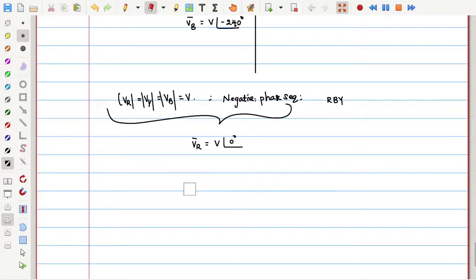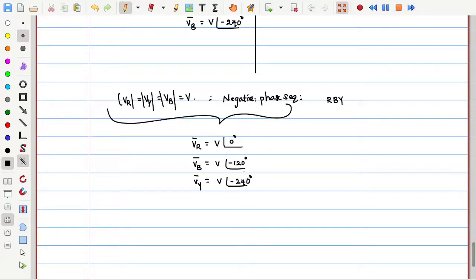So now tell me, if R is taken as reference 0, who comes next? VB, whose magnitude is same but angle is now minus 120. After B, who comes? VY, with minus 240. This is what the negative phase sequence voltages are.